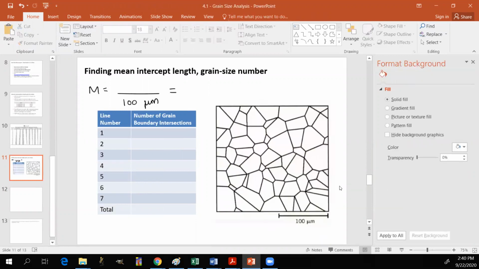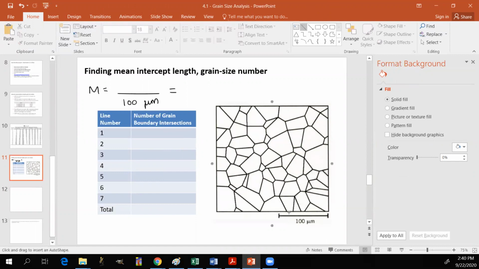The next thing to do is to figure out what your magnification is for the image you're looking at. For that, we use the scale over here. We know that the scale in the real image is 100 micrometers. But for this image that we're looking at right now, what is it?